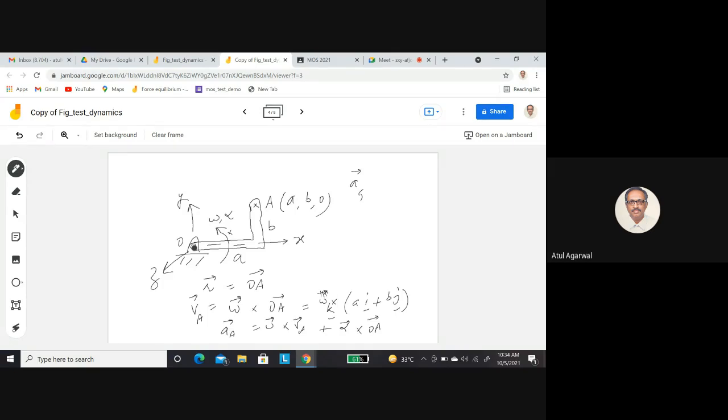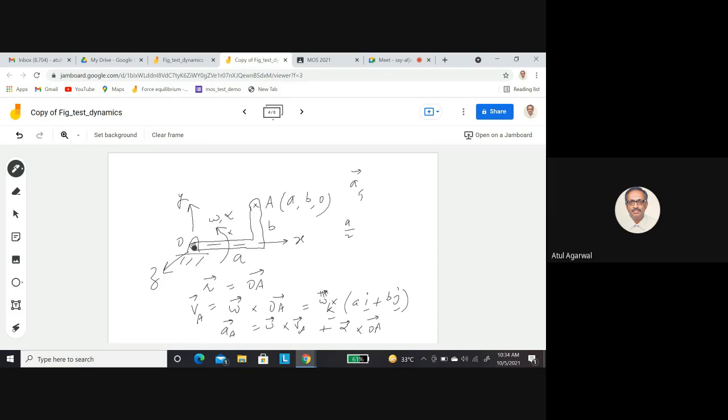So how will you find the centroid of this bar? Do I have to do it? Okay. What is the centroid of this part of the rod? The centroid of this part of the rod is a by 2. Then you also need the length of this bar.